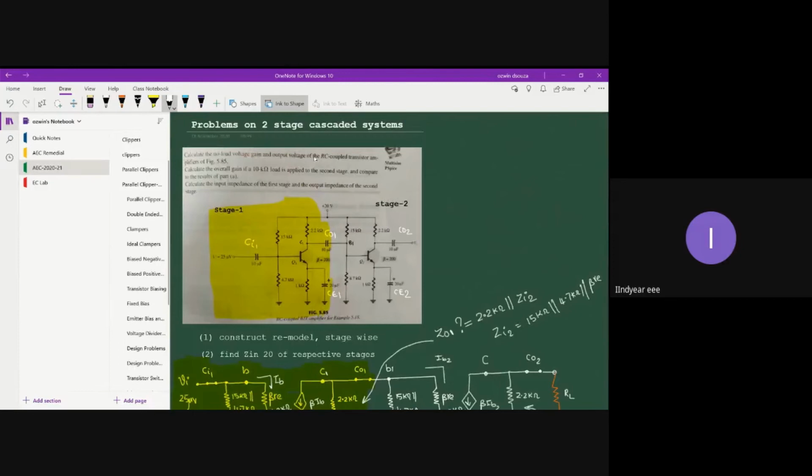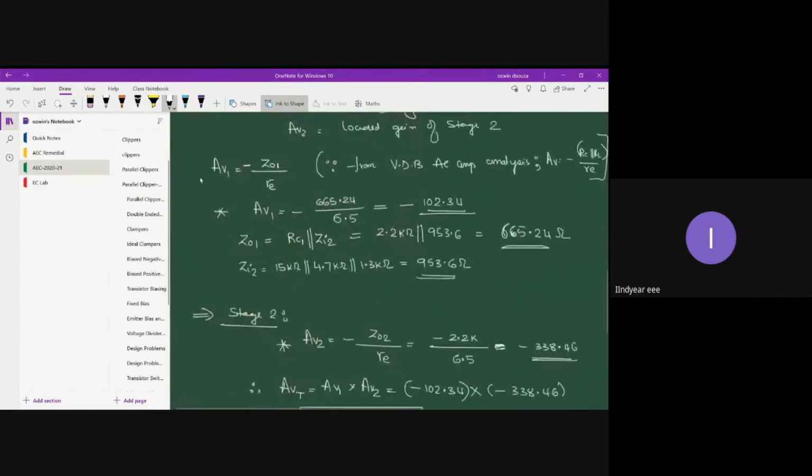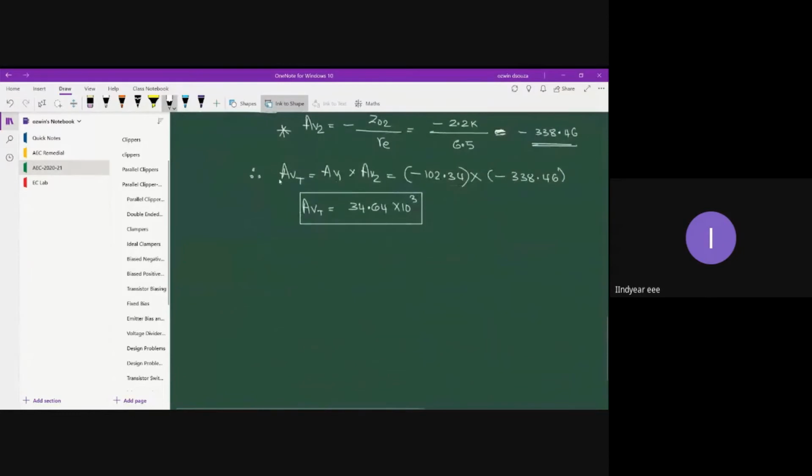And the output voltage. You have calculated the individual voltage gains and the overall voltage gain, and then you need to calculate the output voltage. This is your overall voltage gain, AVT. You will give some input, which is given as 25 microvolt. You will get some output. So what is that output?